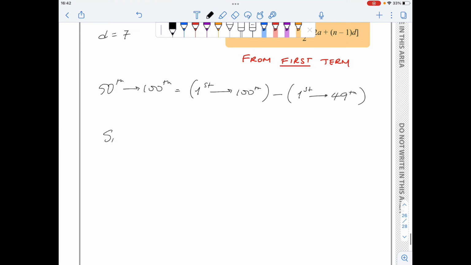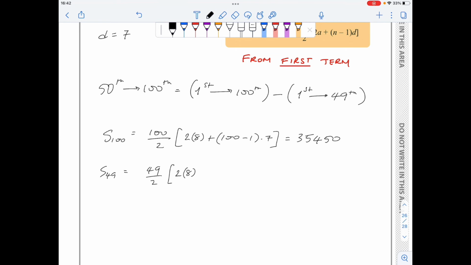So S100 is equal to 100 over 2, 2 times 8 plus 100 minus 1 times 7, which comes out to be 35,450, and S of 49 is equal to 49 over 2, 2 times 8 plus 49 minus 1 times 7.